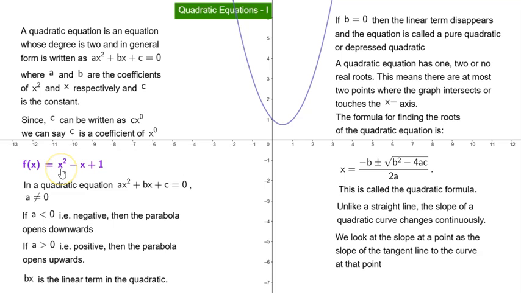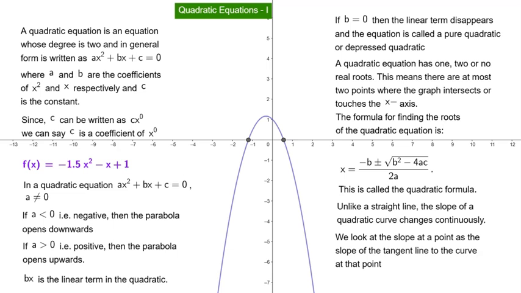And since the coefficient of x square is positive, that is greater than 0, the parabola opens upwards. Now let's make a negative. So if we make it negative, do you notice that it opens downwards now?